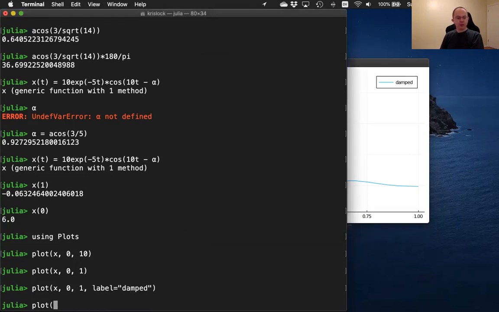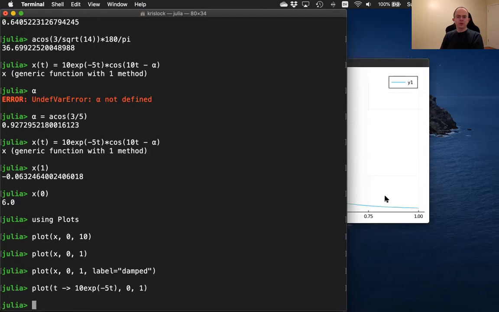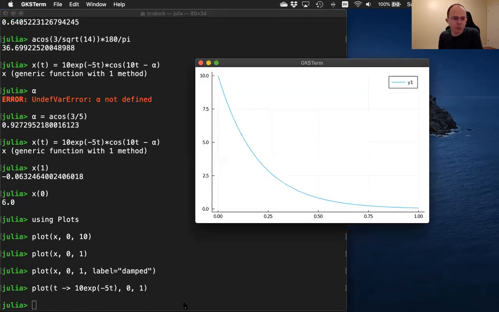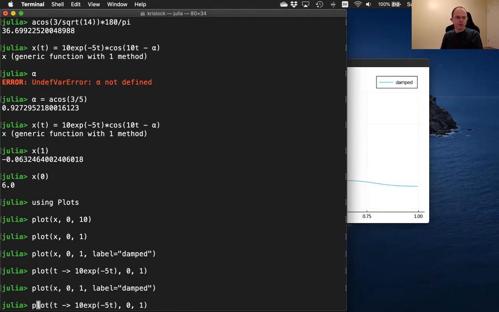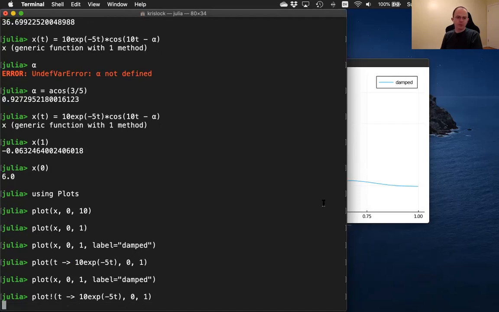I could plot that other function as well. t maps to 10 exponential of negative 5t from 0 to 1. Oops, I made a mistake. I need to put an exclamation mark to say I want to modify that previous plot.